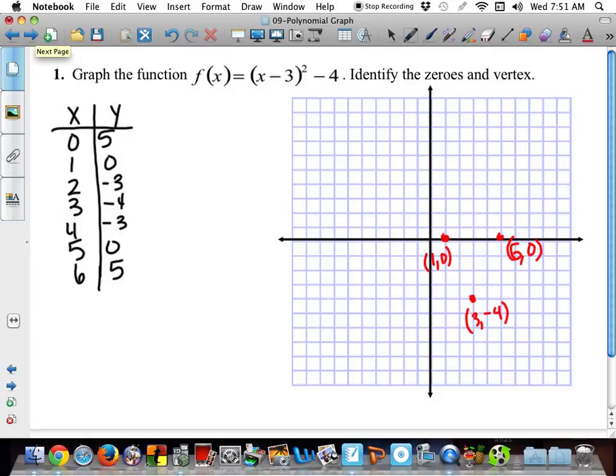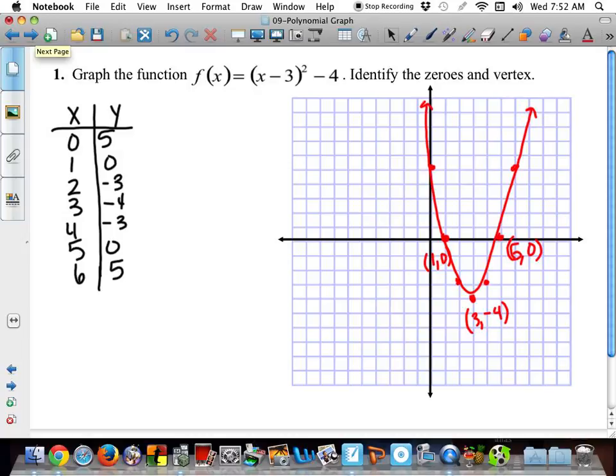We can plot more points on here if need be. So we're at (5, 0), and then (6, 5). There we go. So just again sketching the graph.